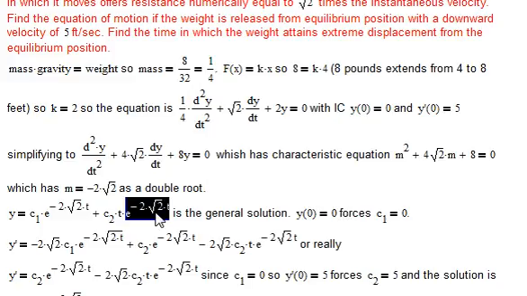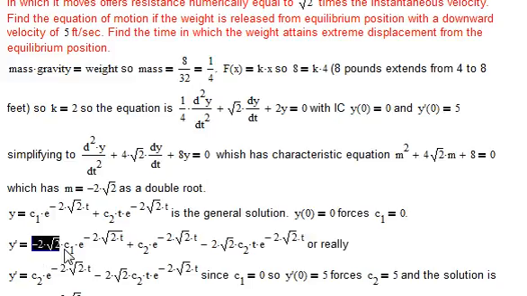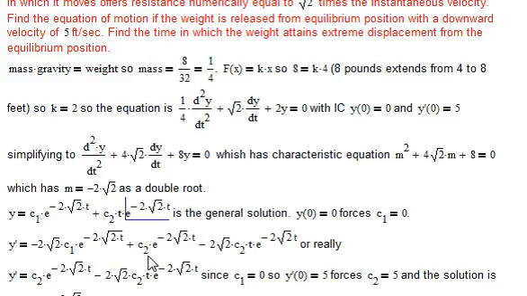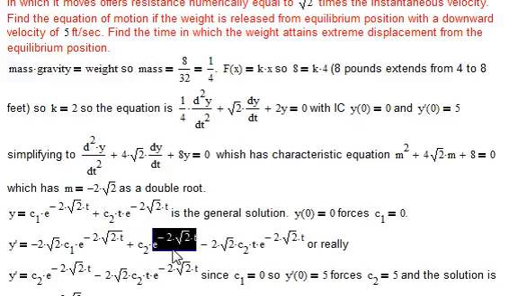Since y is 0, then we know that c1 equals 0. And y prime, which is, oh, this is complicated, negative 2 square roots of 2 c1 times e to the negative 2 square roots of 2 t plus c2, remember we've got to take a derivative of this term, so first d second plus second d first.